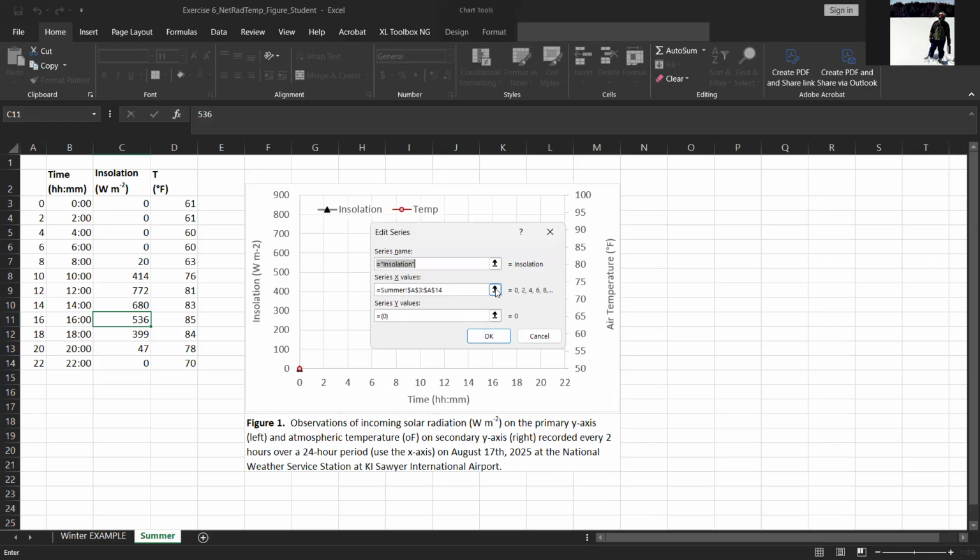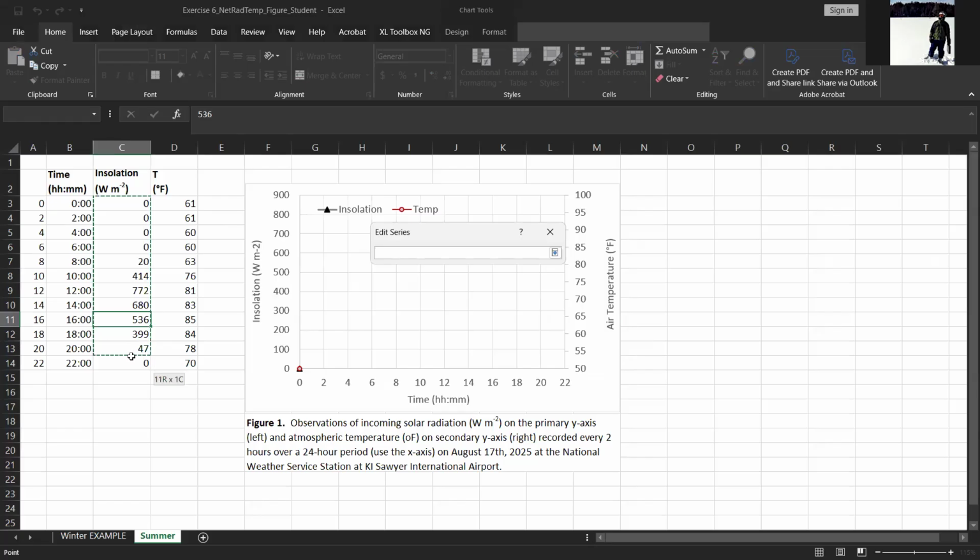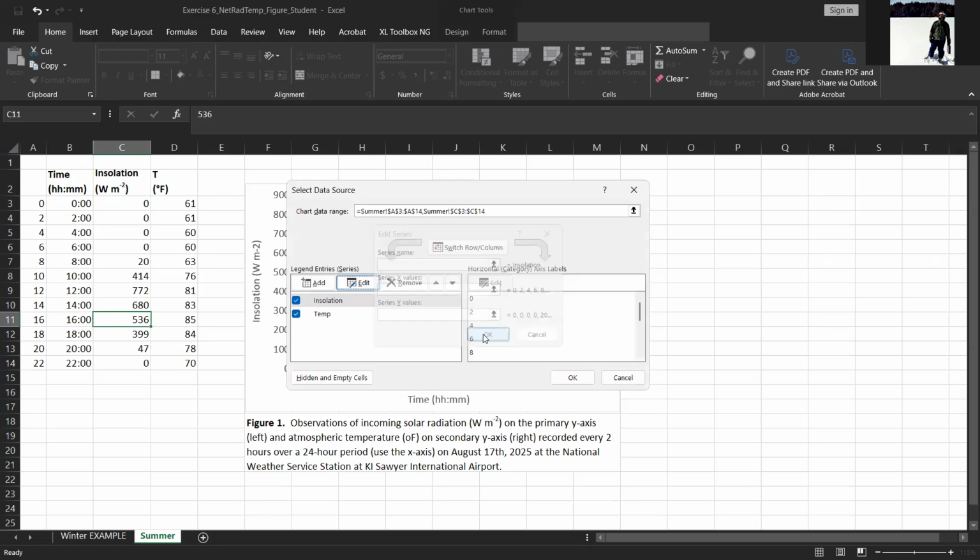And you could then just double check, but I should have it where your X is already correct. So you don't need to edit your x-axis. I'm just going to push enter right now, but we do need to update these y values. So you could push y, and then you can click and highlight the range of y right here, and it'll show. Then I'm going to push enter and then enter.